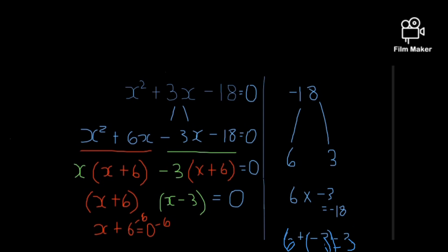Now let's get our other solution. So we'll set x minus 3 equal to 0. And if we want this minus 3 here to disappear, we'll have to add 3. So we're doing the opposite of subtraction.